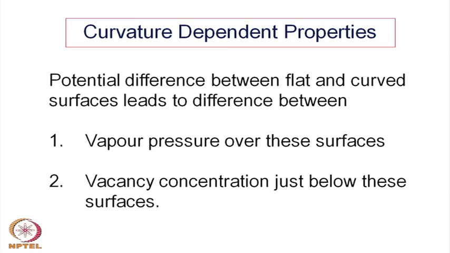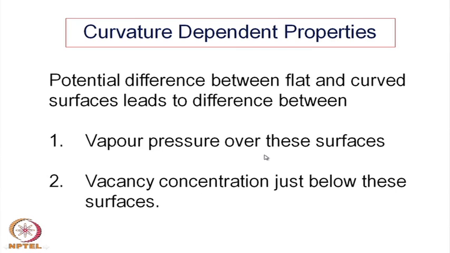Now, what are the different parameters which depend on the curvature of the solid surface? These are the two most important parameters. The potential difference between flat and curved surfaces leads to a difference in these two parameters. One is the vapor pressure over these surfaces and the other is the vacancy concentration just below these surfaces. Okay.